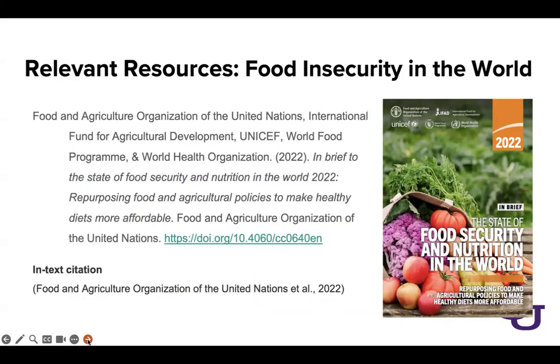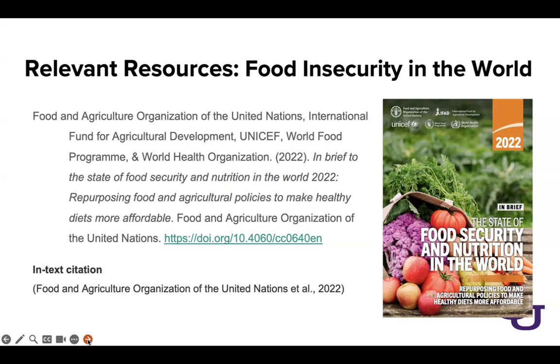So I saw that the textbook for the course includes some information on food insecurity in the world and in the United States, but their statistics seem to be about 10 years old. So if you're interested in finding more recent data regarding food insecurity worldwide, you may want to check out this extremely comprehensive report from the Food and Agriculture Organization of the United Nations.